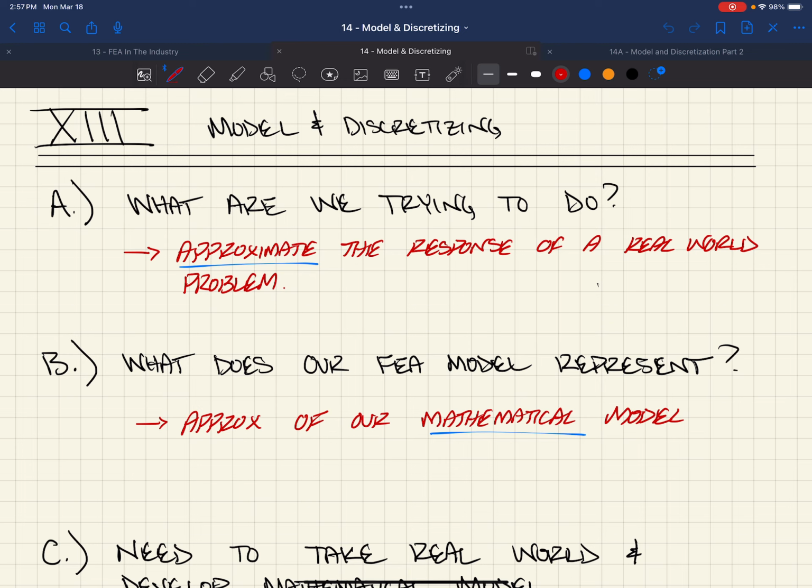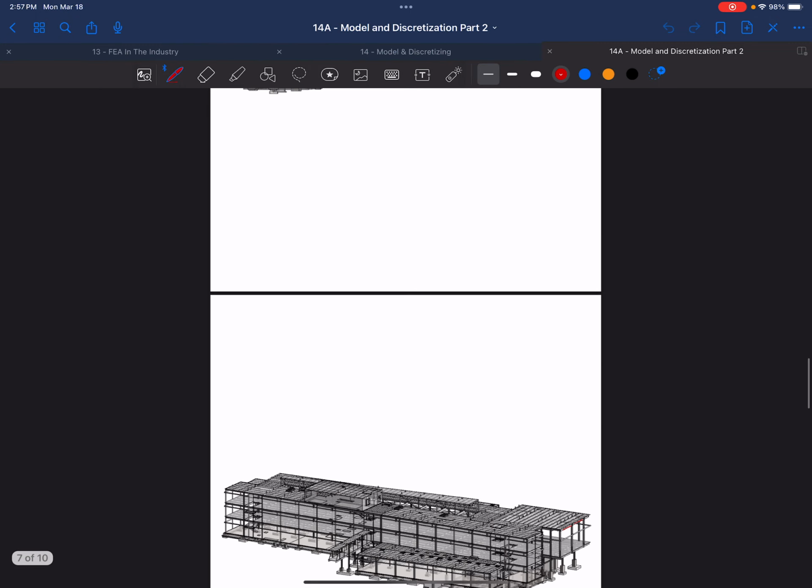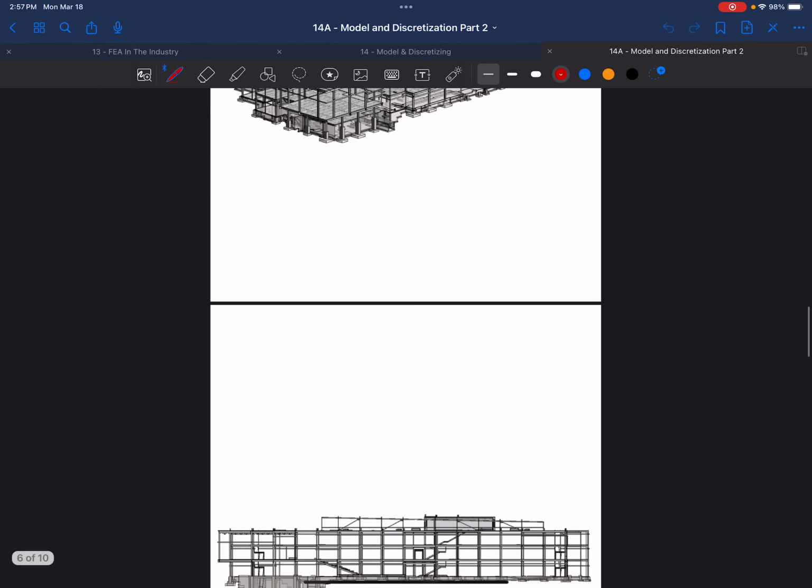But as we've been talking about modeling and discretizing for finite element analysis, what we are really trying to do is approximate the response of a real world problem, right? And I gave the example of NaH, right? The fact that NaH is this very complicated, elaborate structure with all these different materials.